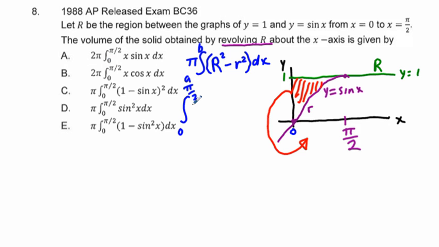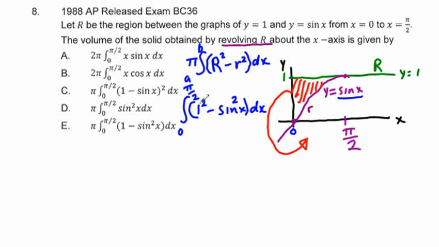And we have big R, and big R we designate as y equals 1. And that's going to be big R squared, right? That's 1 squared. That's our big R squared minus little r squared. Well, little r is sine x, so little r squared is going to be sine squared x. And then we have dx.